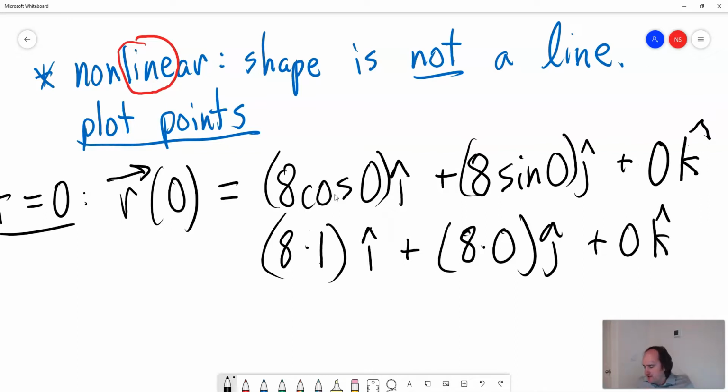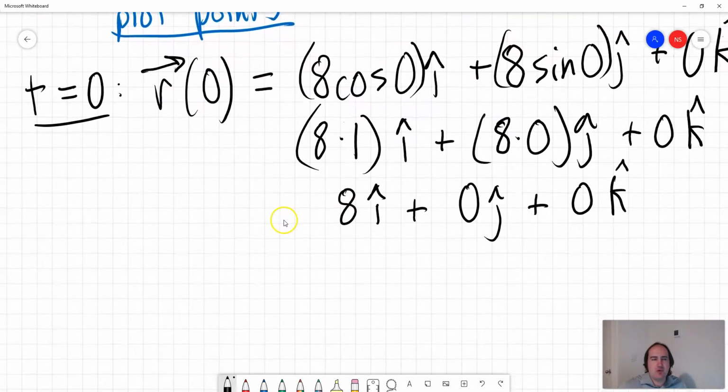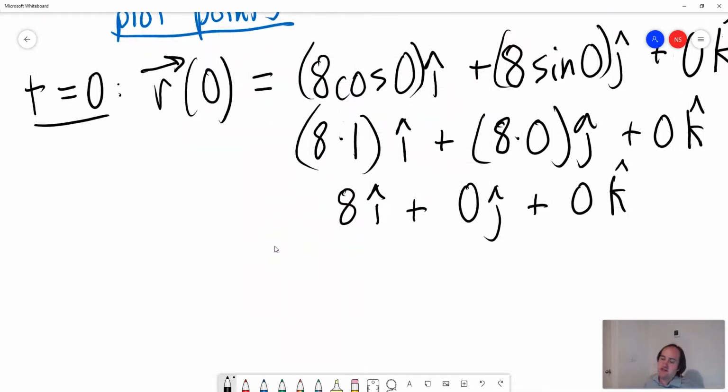So really what we have here is 8i plus 0j plus 0k. So if we plot that as a point, it's actually a vector, but we're just going to plot it as a point. It's 8, 0, 0.